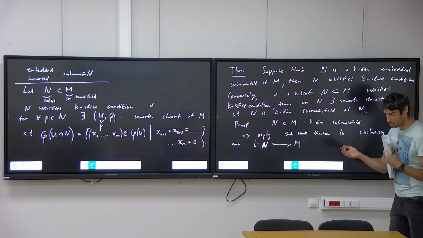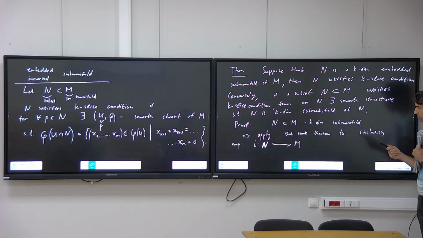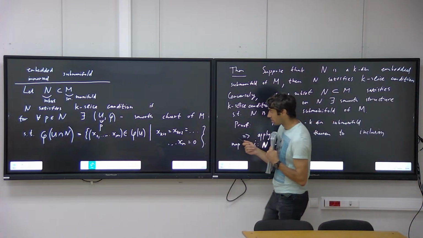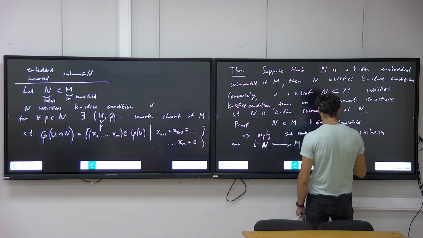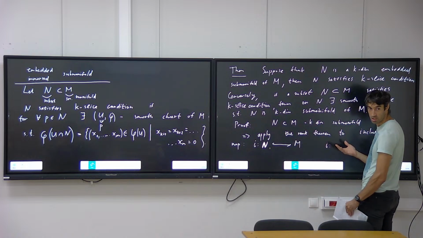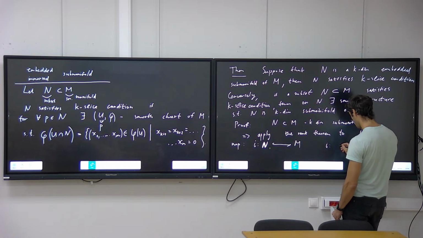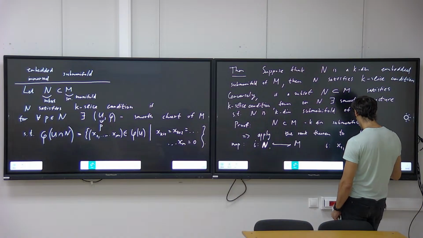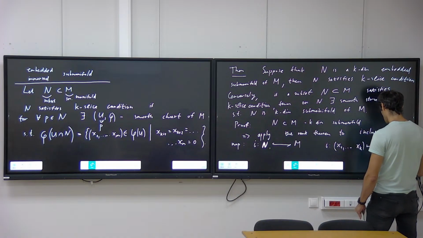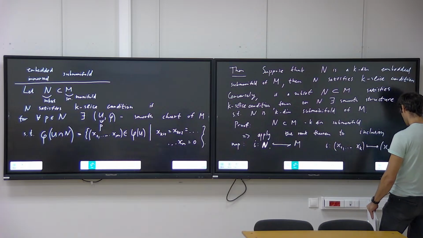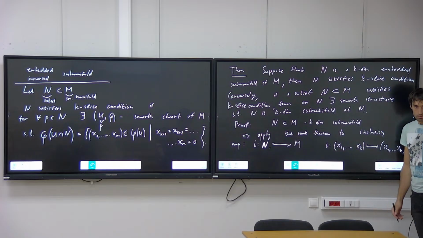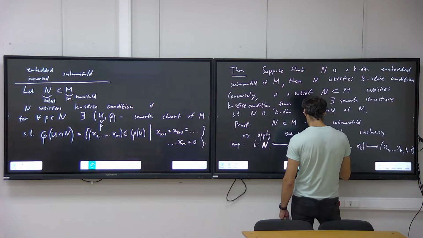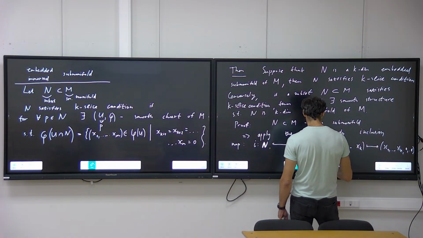It says that if you have a map of constant rank k, then in some coordinates it looks as follows: (x1, ..., xk) goes to (x1, ..., xk, 0, ..., 0). So this is by the rank theorem.